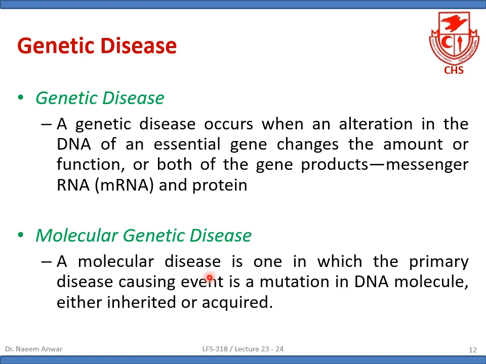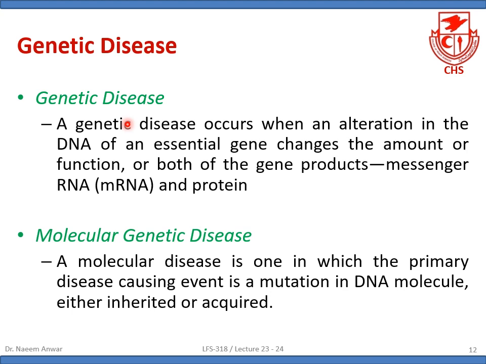And we have to differentiate between what's called a genetic disease and a molecular genetic disease. Genetic disease mainly means that there is an alteration in the DNA of the genes that will produce a malfunction of the products, the proteins, the messenger RNA.